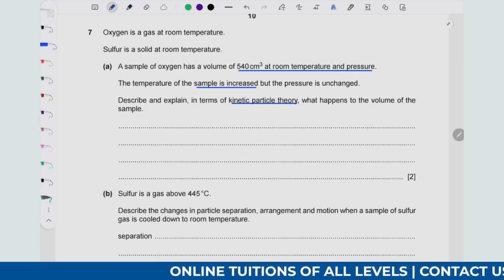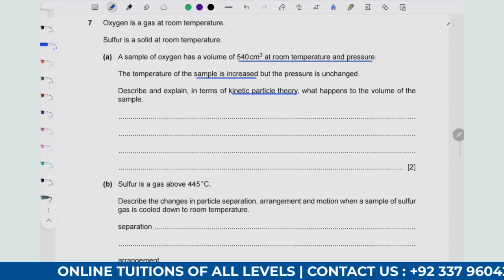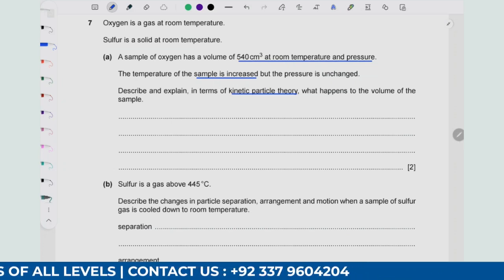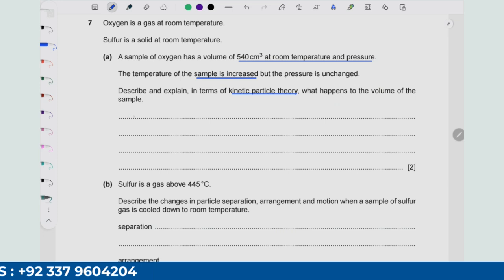So when the temperature is increased, we know that volume increases and the particles spread out, or the distance between the particles increases.